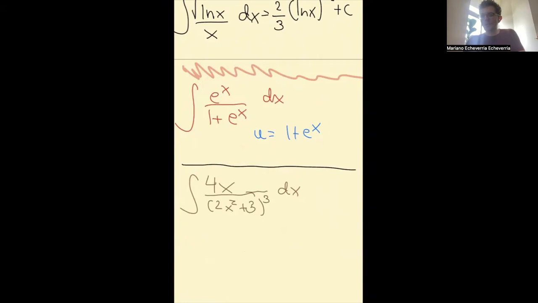Okay, so how did that go? Was anyone able to figure out the first one?